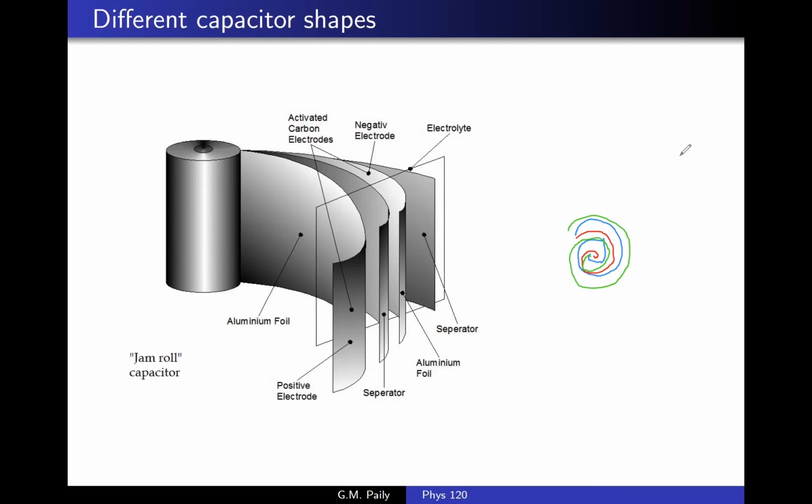These days, they get even better capacitances by using a foam structure, because foams typically have very large surface areas. So they create a foam structure and again, coat it in multiple layers, alternating between conductors and insulators. And that gives a very large capacitance.